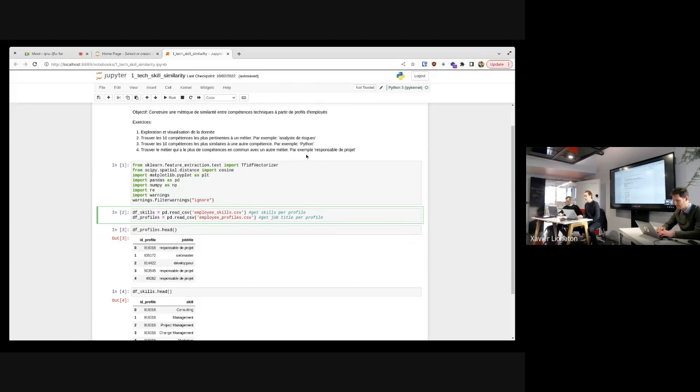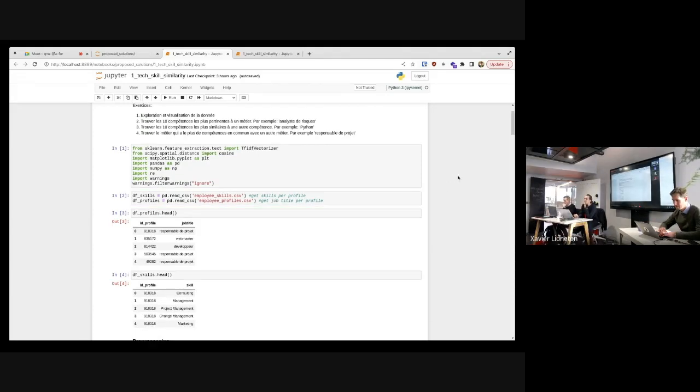And the last one would be, if you select a job, responsable de projet here, which is the other job that is the most similar to that one, given that you could take into account all of the skill similarities of both jobs. So you can compute all kinds of similarities thanks to this data. And so that's what we propose to do today. So I sent you a notebook with a proposed solution to the exercises, which you are free to look or not look at.